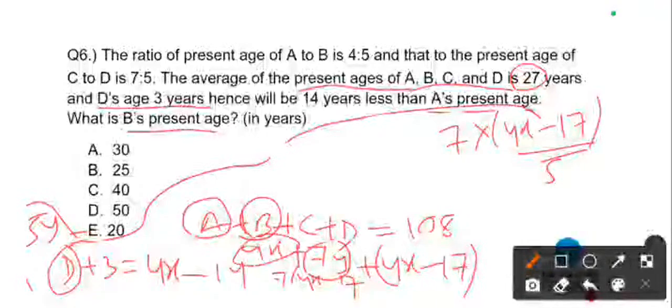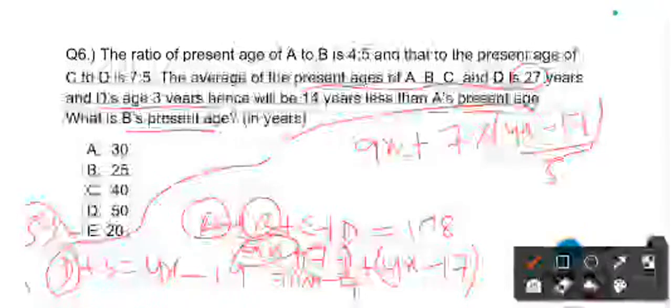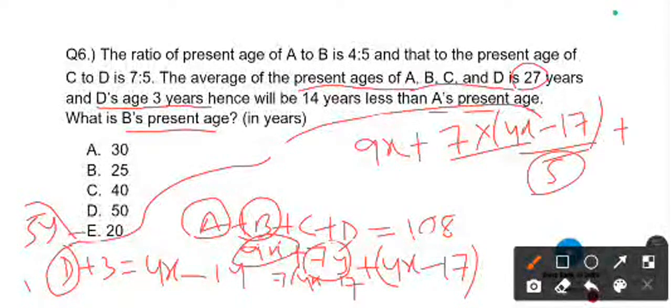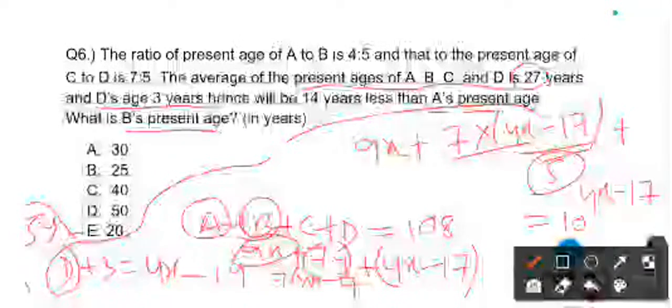So 9x plus 7 times 4x is 28x, here it is 5 in the denominator, plus 4x minus 17, whole equals 108.